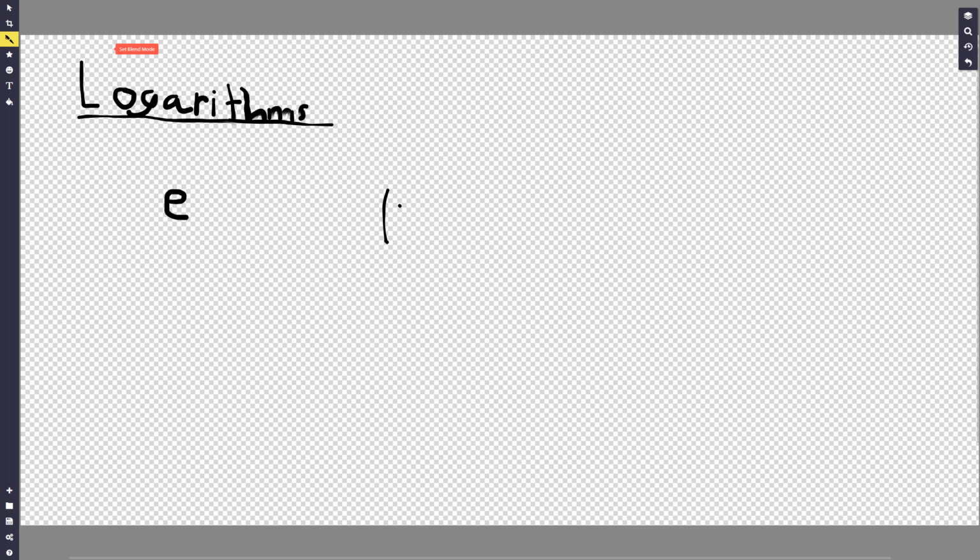If we were to have the expression 1 plus 1 over n, to the power of n, as n gets closer and closer to infinity, this expression approaches the constant e, which is about 2.71828. Like pi, it is an irrational number, so it goes on forever.